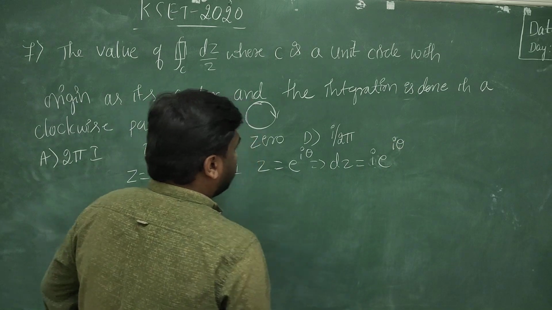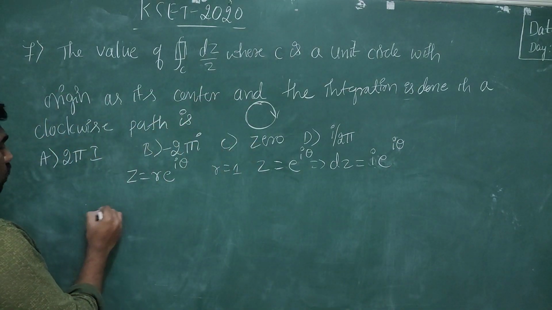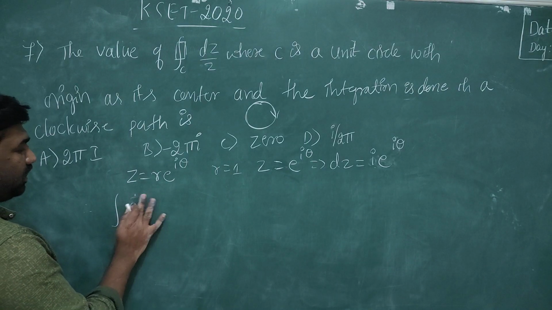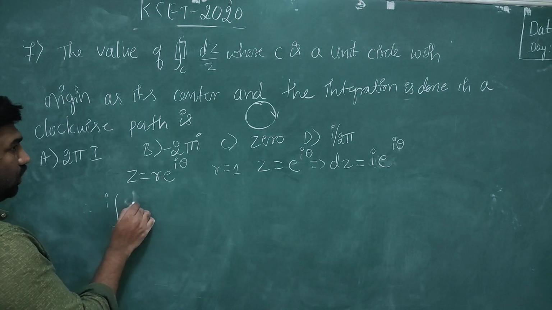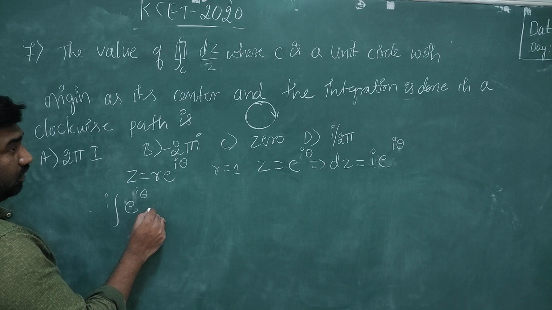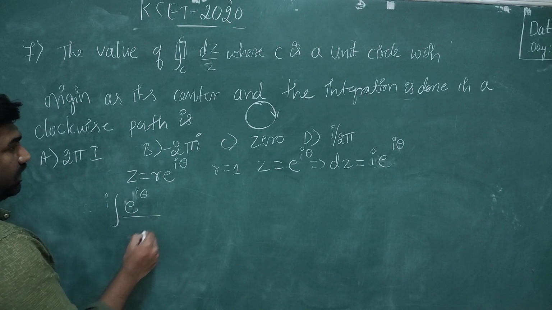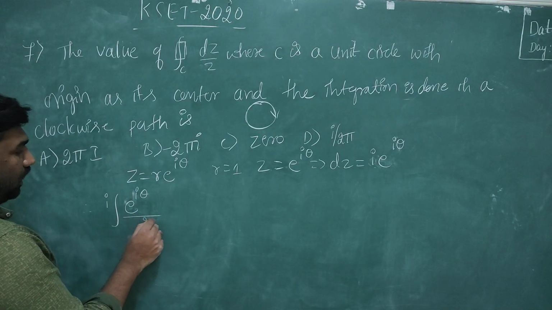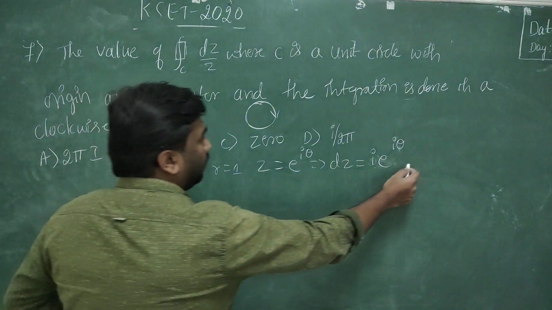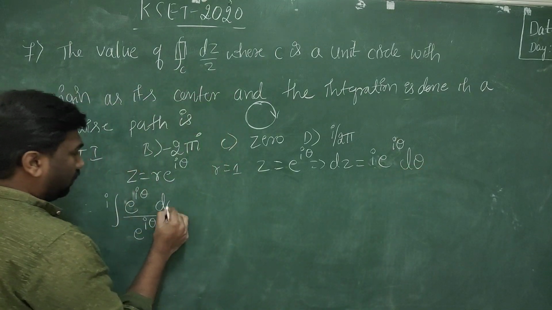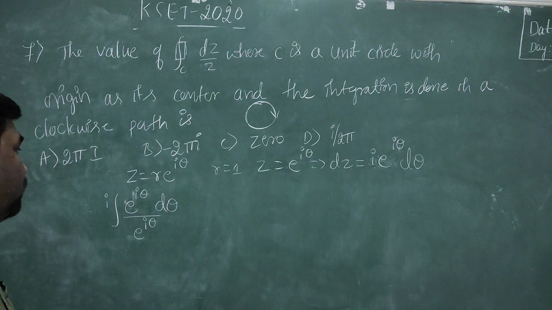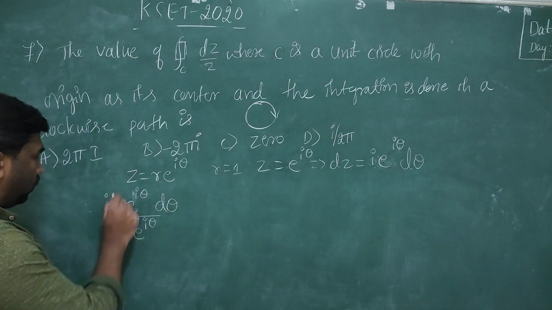Okay, therefore integration dz by z, in place of dz let us take i into e power i theta, and dz divided by z is e power i theta into d theta. Okay, so z is e power i theta and dz is e power i theta into i. Limit varies from 0 to 2 pi.